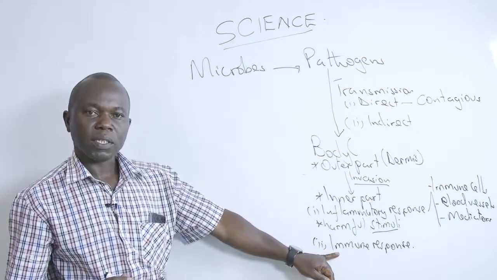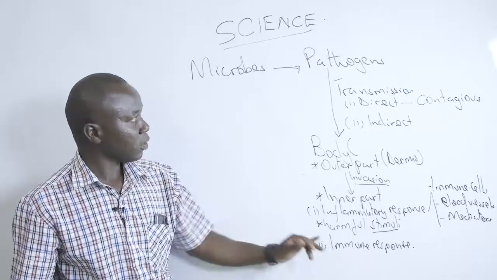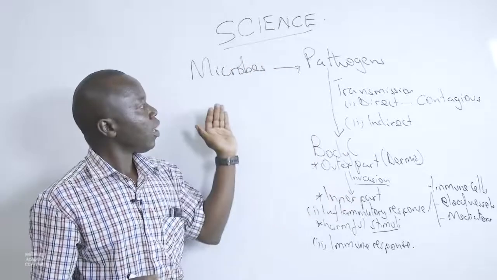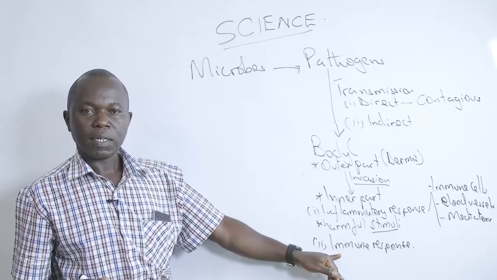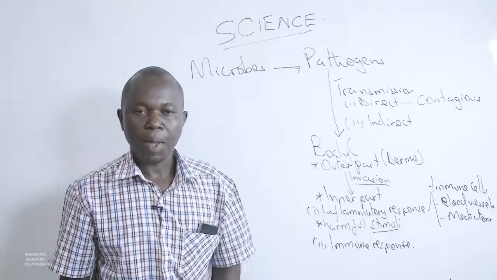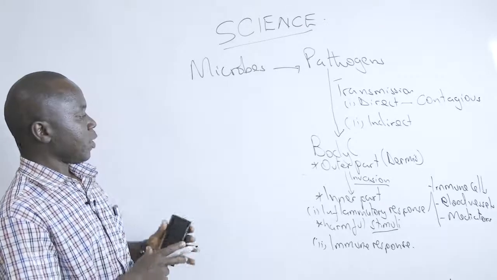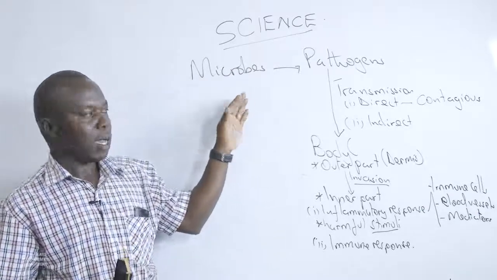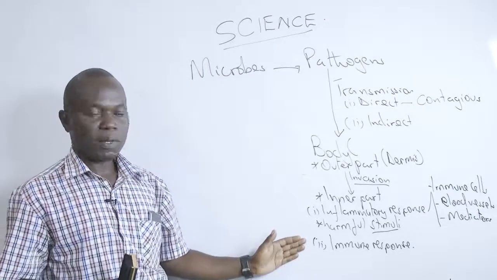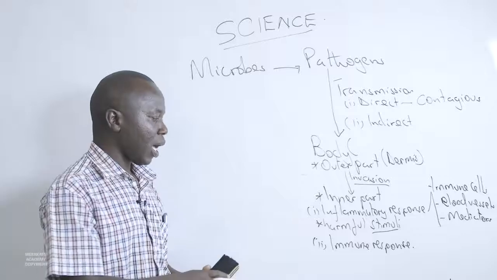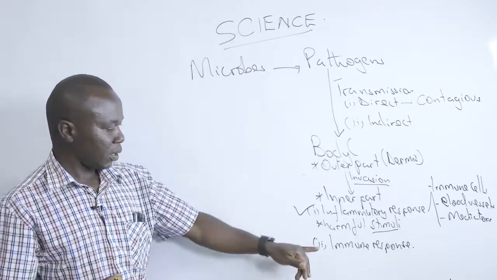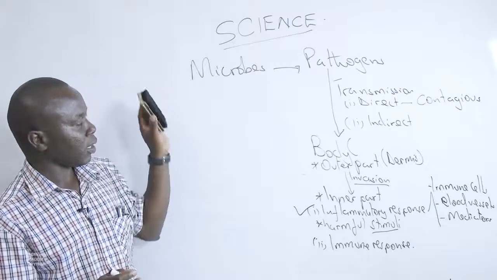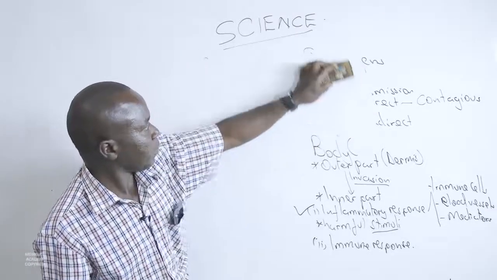Our topic today is immune response. I wanted us to flow from the microbes up to the immune response. So now you can appreciate how microorganisms are bringing about these two processes. We have already looked at one, which is inflammatory response, and the second one is immune response.